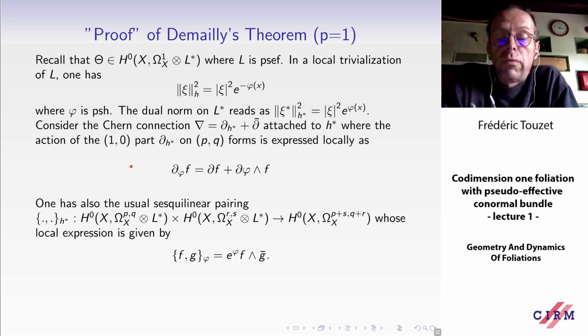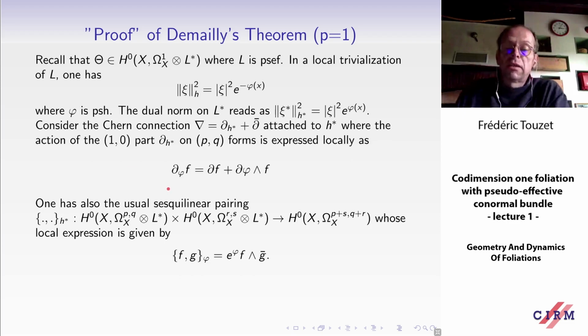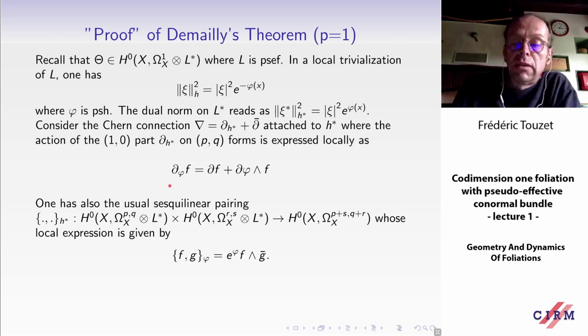And as usual, one has a sesquilinear pairing between forms twisted by L star. So for the non-twisted case, this consists simply of taking two forms f, g and considering the wedge product of f with g bar. Okay, so in the twisted case, there is an analogous construction.